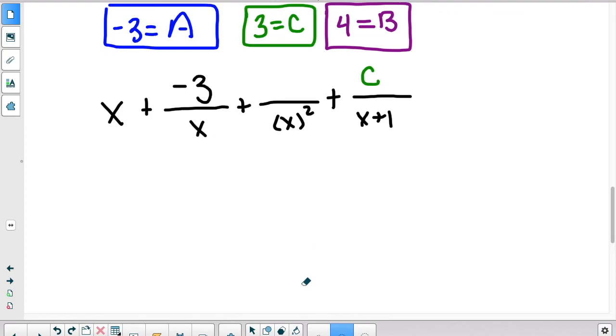The value of B is 4. And the value of C is 3. And that's all we have to do for this.